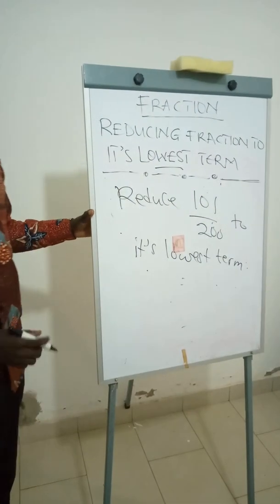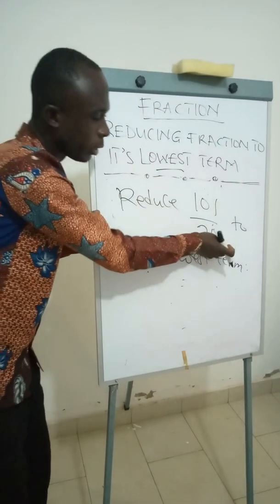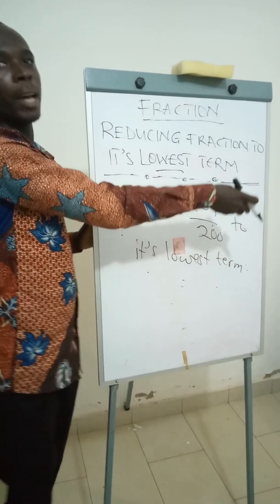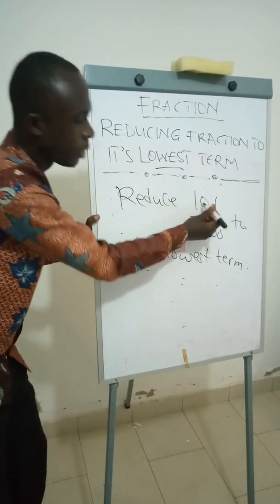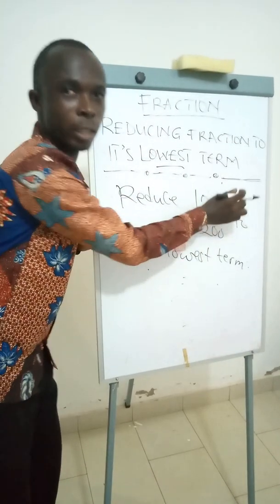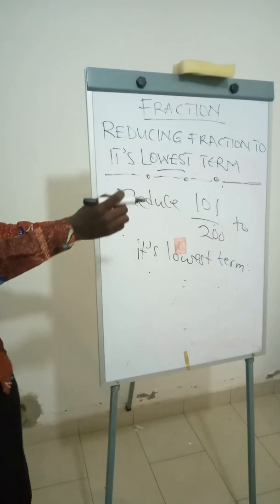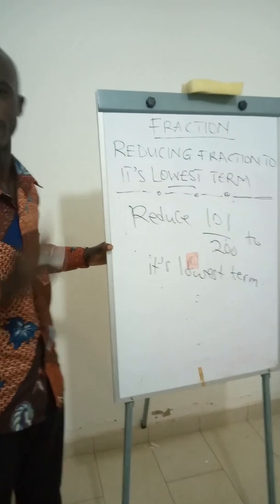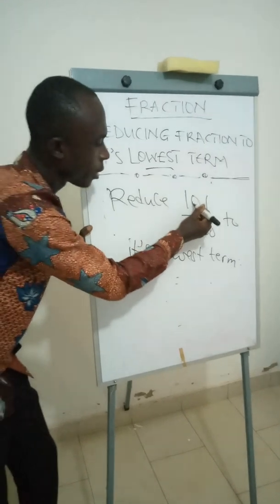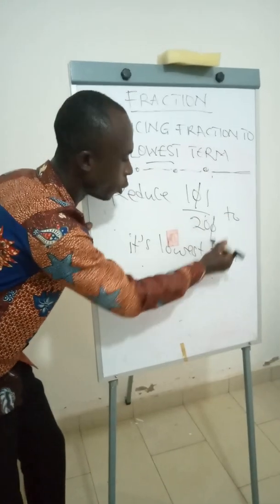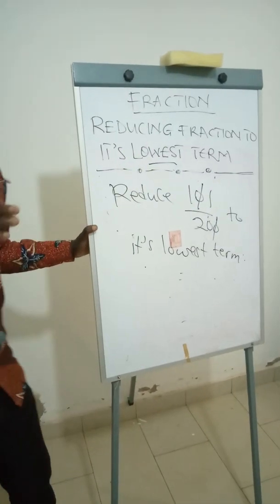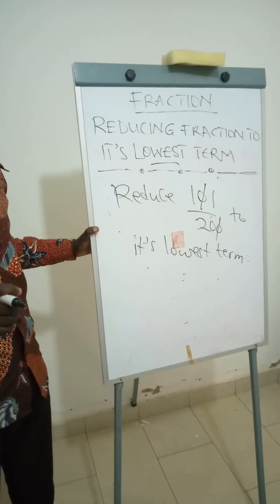You see, this time we are having 200, that's the zeros at the far end, and this 0 in 101 is in between the 1s. This time we cannot cancel. We cannot cancel this 0 by this 0 because that doesn't apply in mathematics.